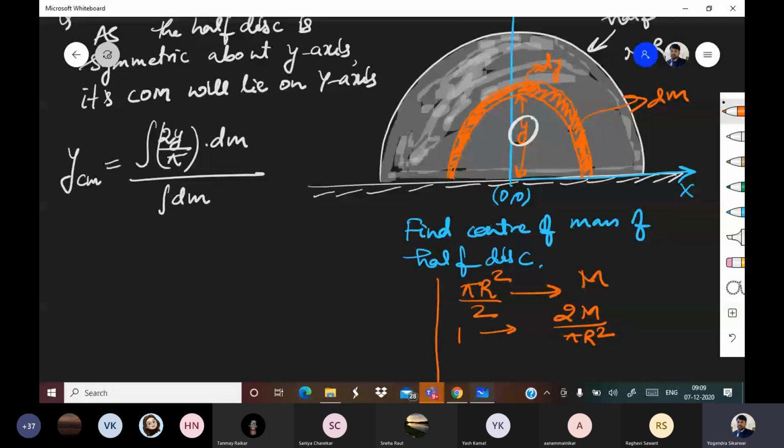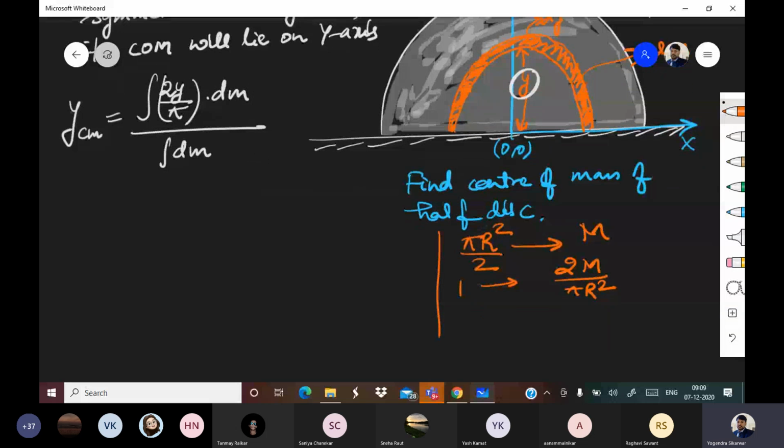So this is your mass per unit area. Now how much is the area of this ring? Let's say it is dA. Then dm will be 2M upon pi r square into dA, because mass per unit area into area will be the mass.